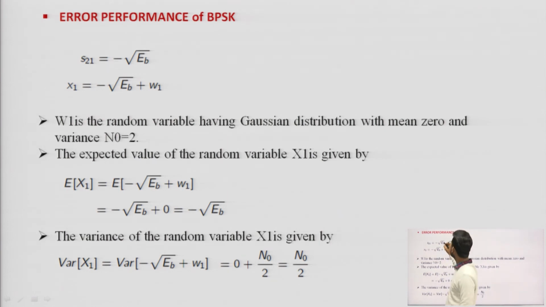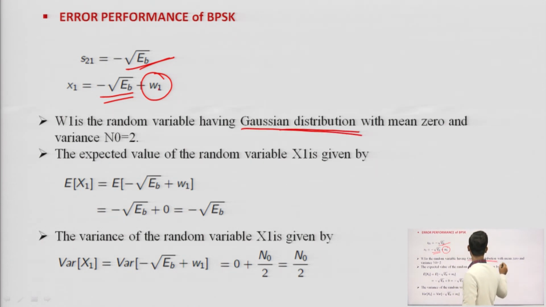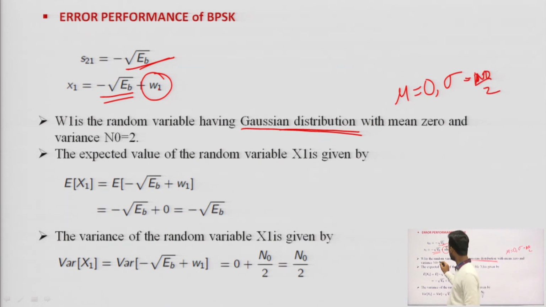We know s21 is minus root Eb, so x1 is minus root Eb plus some noise. W1 is a random variable having Gaussian distribution, with mean 0 and variance equal to N0 by 2.